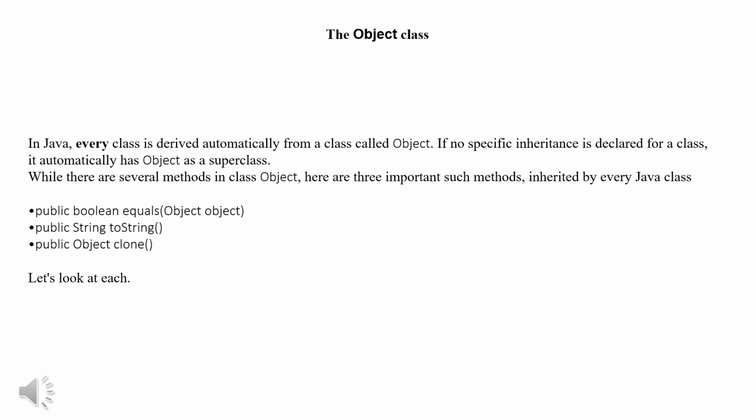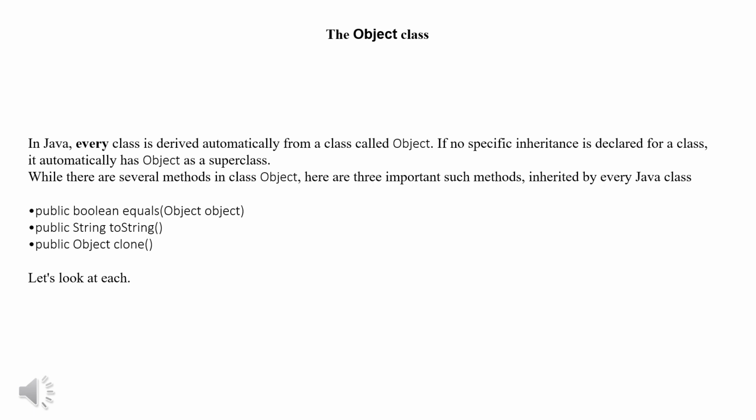You need to know that in the Object class, there are several methods, three of which are very important, and I've mentioned them here. By knowing that, you will recognize that all of the classes in Java will inherit these three methods.